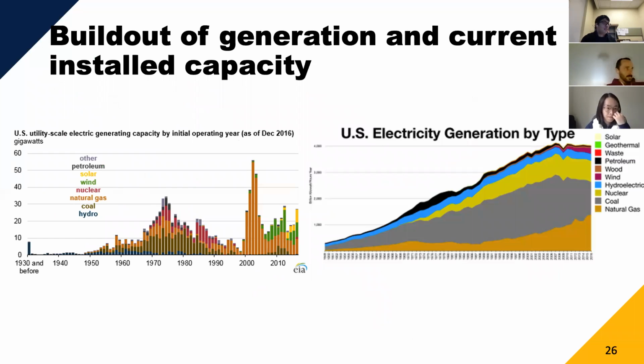And in fact, we can see in this neat little chart here on the left hand side, this is a graph that shows when new capacity was installed. You can see a lot of this before are these smaller hydro power plants, and then starting in the 50s and 60s, we started to install a lot more power production coming from fossil fuel generation, so both coal and natural gas, right?